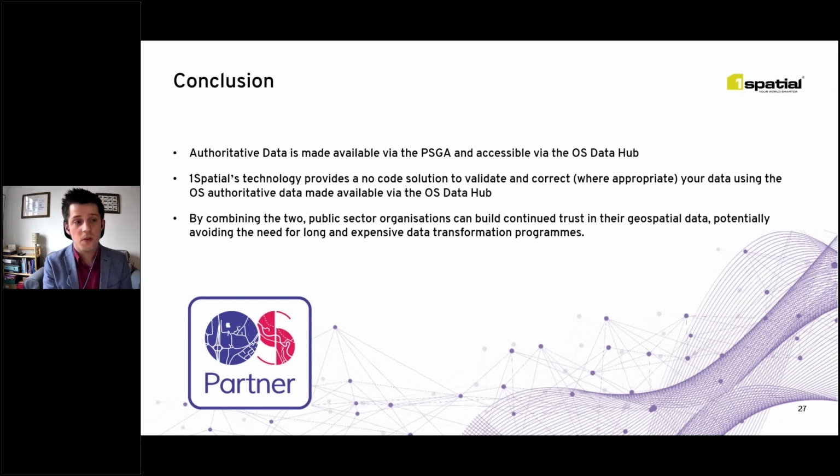If you want to ensure that your organization has got good quality data throughout, 1Spatial's technology provides a no-code solution for you to validate and correct all of your data using the OS authoritative data made available via the OS Data Hub. And by combining the two, public sector organizations can build continued trust in their geospatial data, potentially avoiding the need for long and expensive data transformation programs.